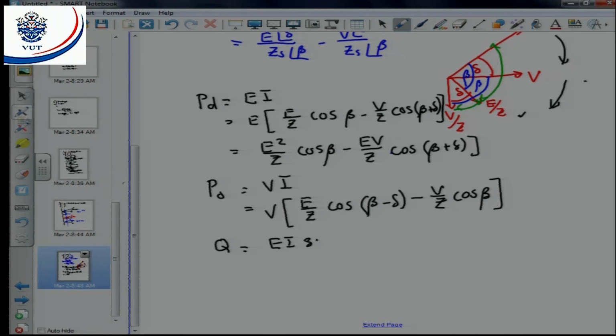So VE over X sin of 90 minus delta minus V squared over X sin 90.